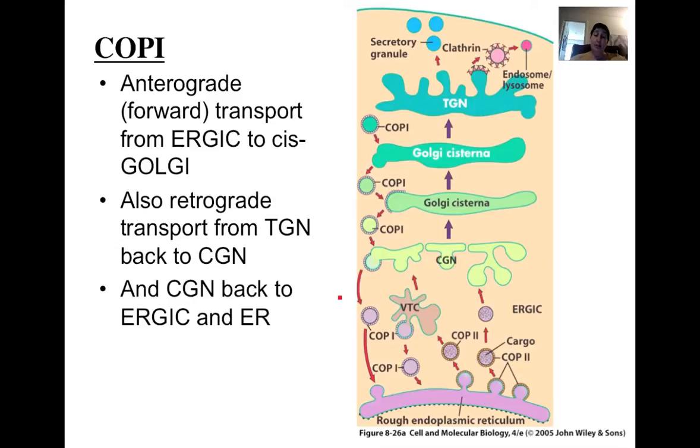So you can have COP1 retrograde transport from the trans Golgi to the medial Golgi to the cis Golgi back to the VTC or the ERGIC back to the ER. And we can actually tell this because we can isolate COP1 coated vesicles from each of those places.